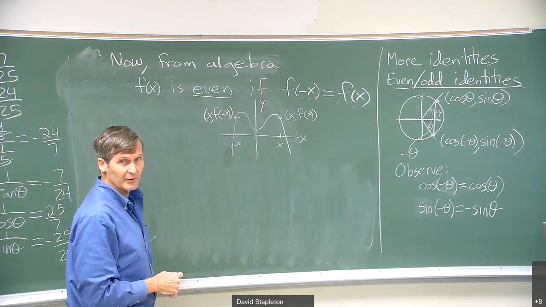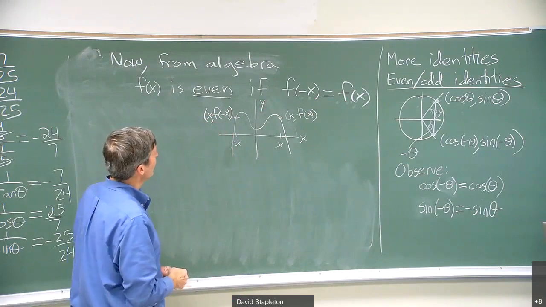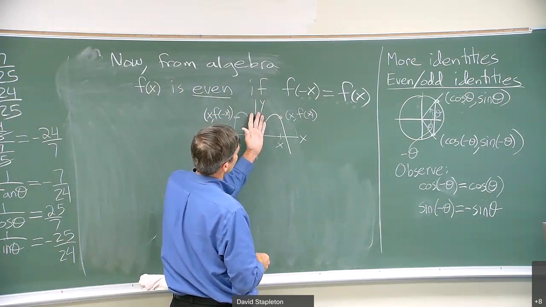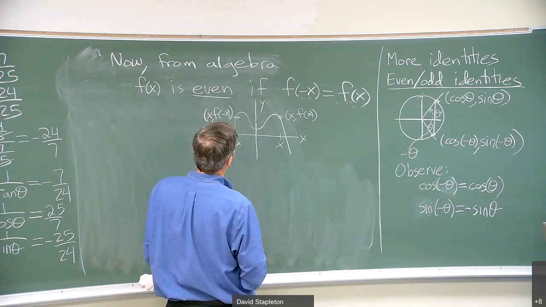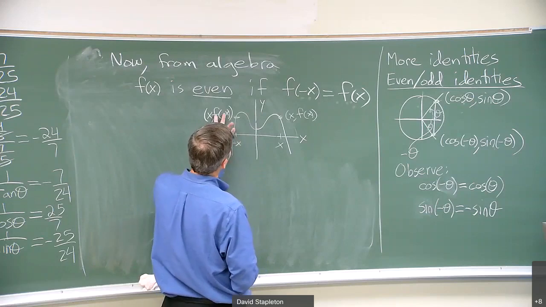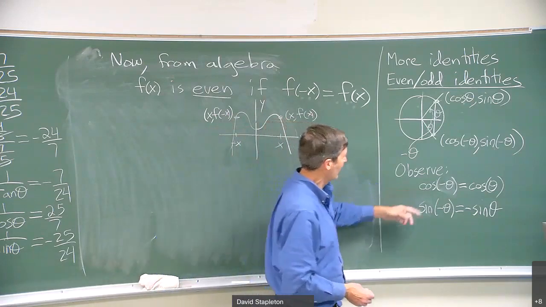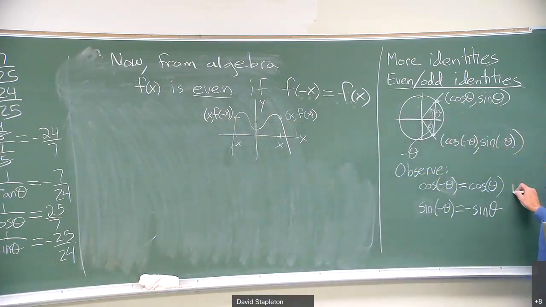We're going to do graphs of trig functions soon, and what we'll find is that the cosine function has this property. You can flip it over the y-axis and it lands on itself. But that's the definition, and so we observe from the unit circle, we prove that cosine is even. That's this property from algebra.